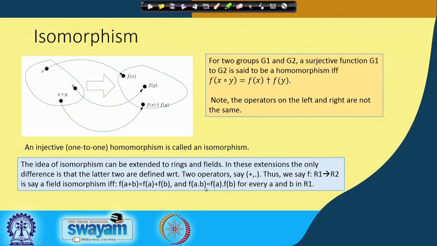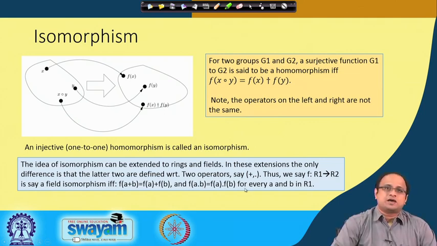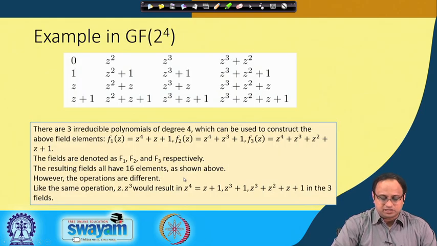I have just tacitly assumed that the operators are the same on both sides, but you can also generalize that. This holds for every a and b which belong to R1. So, this essentially gives us the definition of isomorphism.